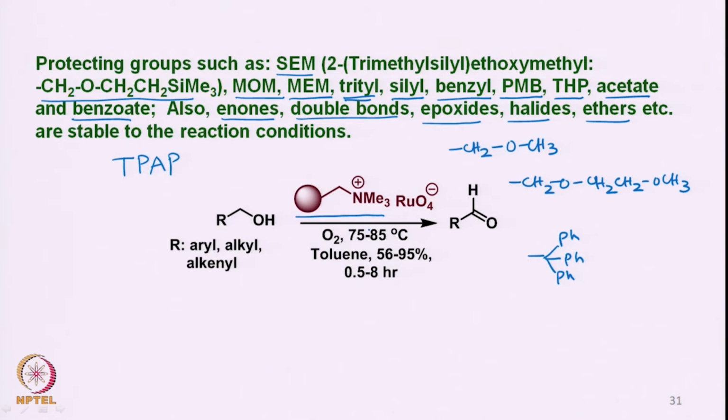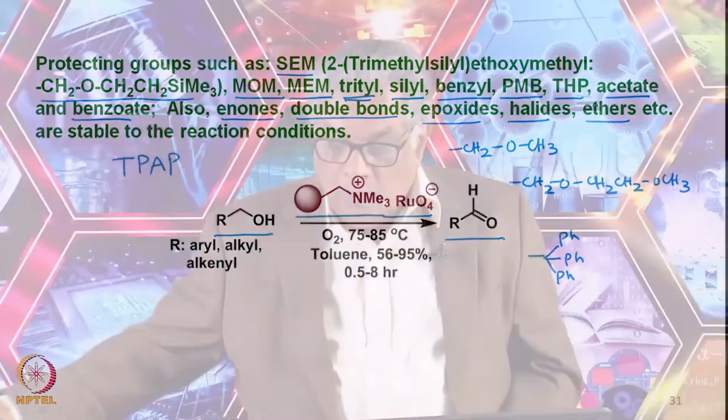Simply filter it off and the solid phase ruthenium reagent can be reused for the oxidation of alcohols to the corresponding aldehydes. So, this is what related to the ruthenium tetroxide based oxidizing agents, which were made useful for various transformations, and of course the introduction of TPAP as a mild and selective oxidizing agent.